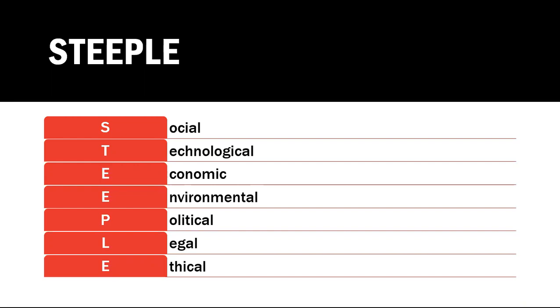Another model mentioned here is STEEPLE. As you know, STEEPLE is an abbreviation of these words: social, technological, economic, environmental, political, legal, and ethical. These are reminders of macro factors that can impact the relationship and procurement in general.